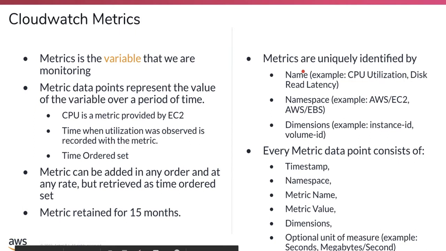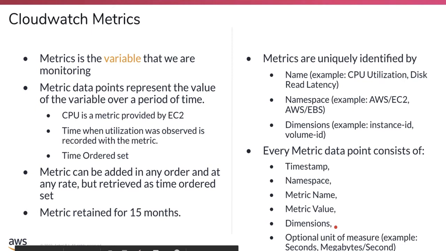Metrics are uniquely identified by name. A metric name can be something like CPU utilization or disk latency, and they are part of namespaces, and also under a namespace they will be part of dimensions. Every metric data point consists of these aspects: a timestamp, a namespace, a metric name, a metric value, and what dimension they belong to.